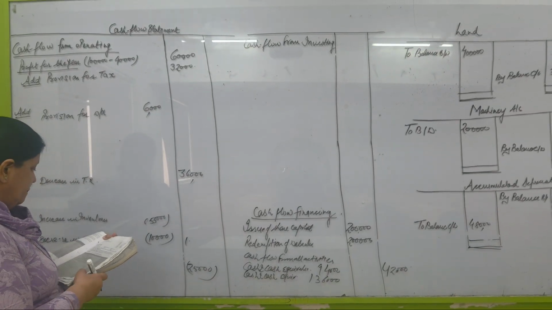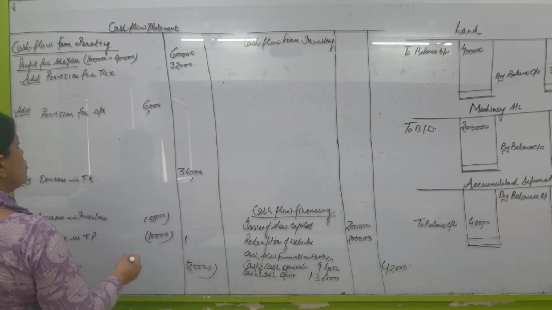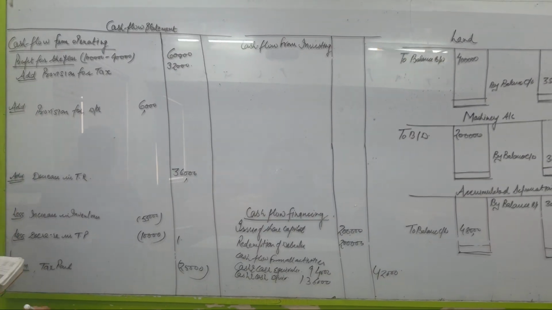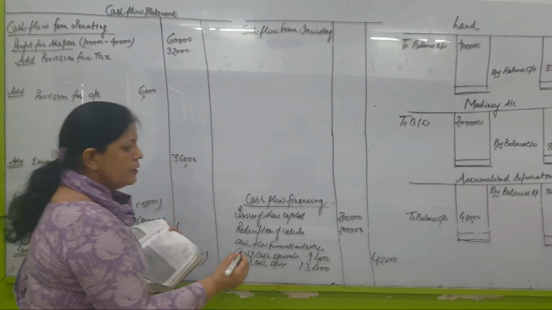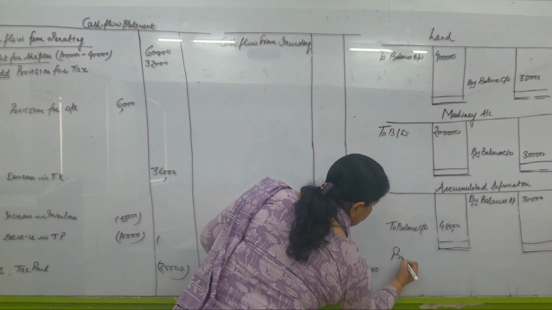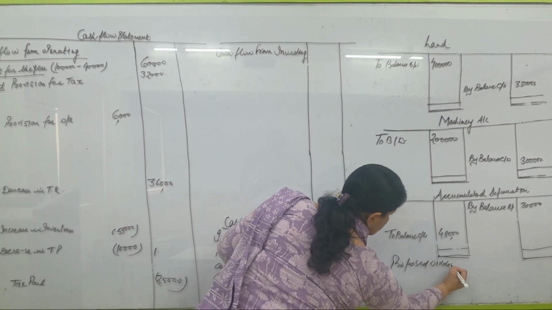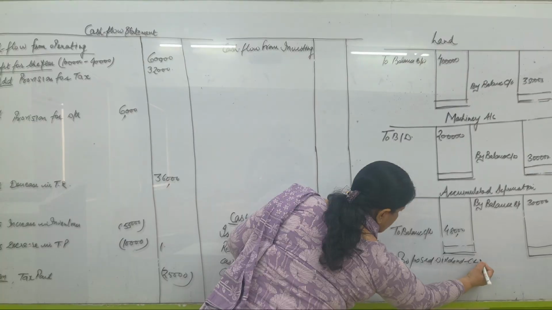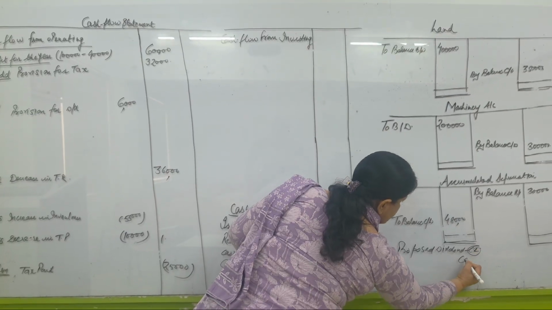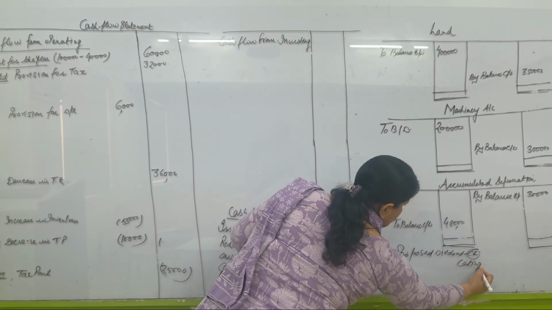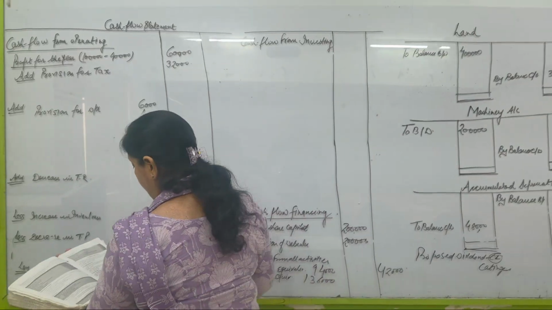Adjustments are given. Proposed dividend. Current year proposed dividend is your current liability, which will not be shown anywhere as a contingent liability.